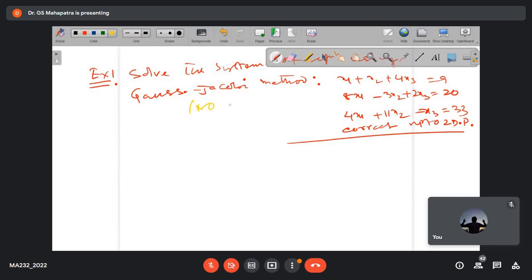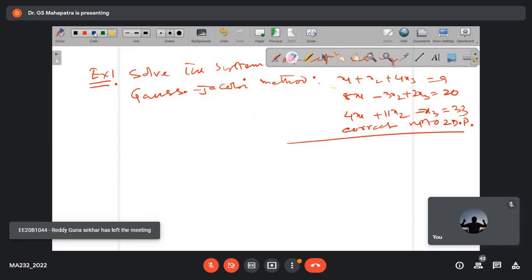No initial approximation. Initial approximation is not given. Then for this case, it is your choice. You can choose arbitrarily any value. Okay? So that is the case. Now solution.